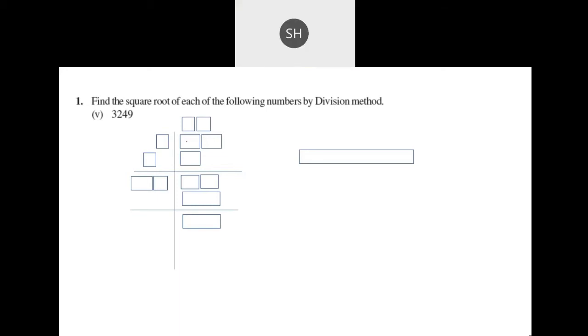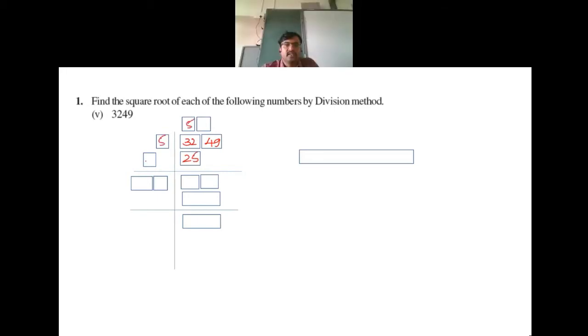Sudeep, I asked what are the groups. 32 is one group. 49. Okay. The nearest square number is? 25. So 5 times 5 is 25. Correct? Yes, sir.